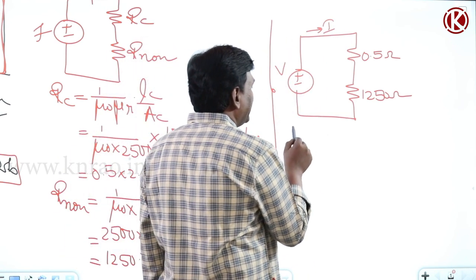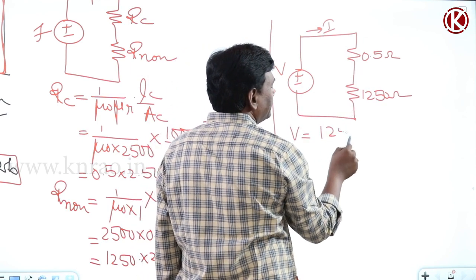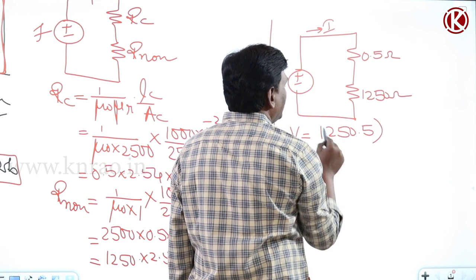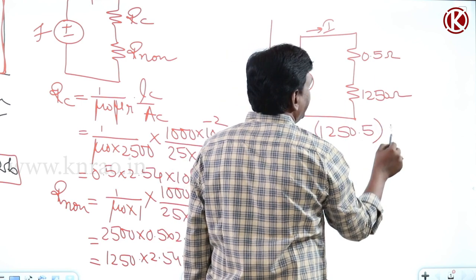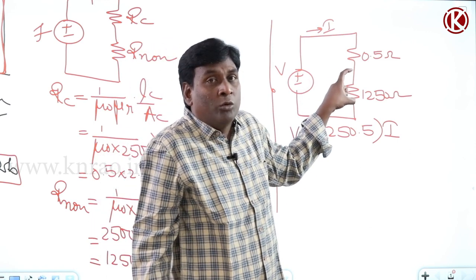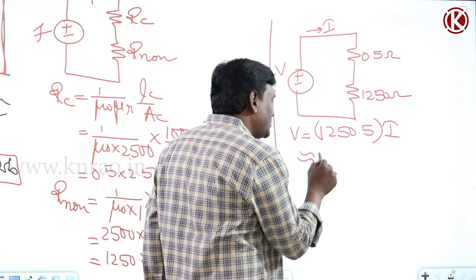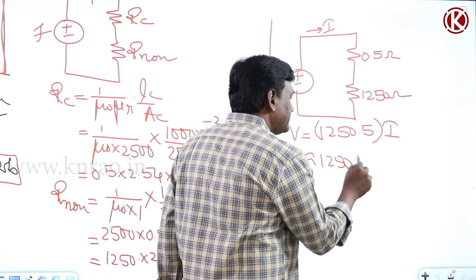How much is the voltage? The voltage equals 1250.5 into I. So 1250 ohms and 0.5 ohms. Can I approximate this to 1250 I?